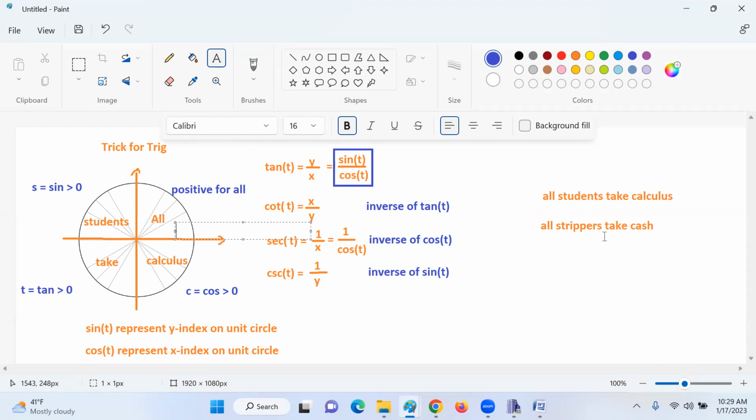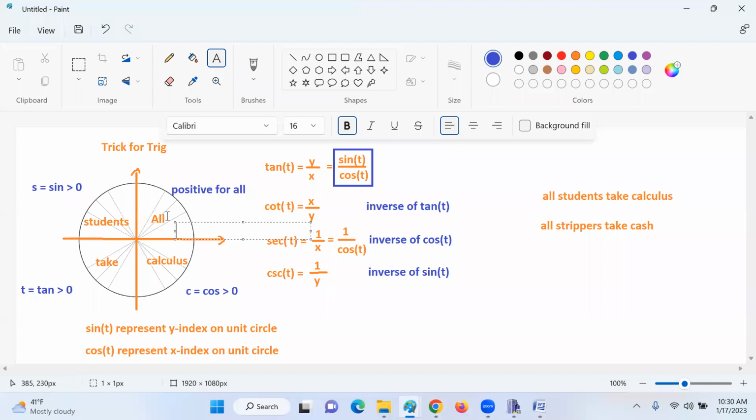Or we can use another term that I came up with, which is All Stripper Take Cash. So this one is actually easier to memorize. All means all of them, Stripper means sine positive, Take means tangent positive, Cash means cosine positive. So whatever term you can memorize.